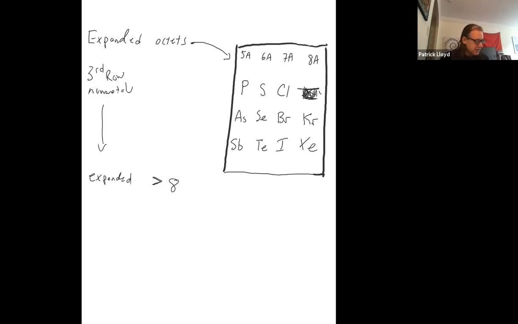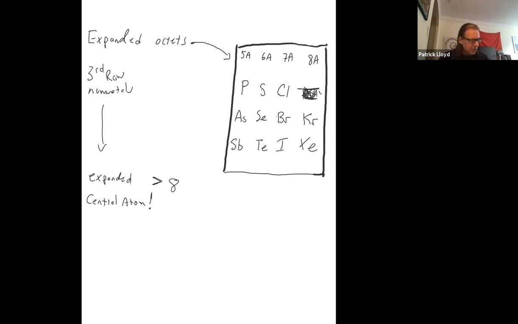Expanded octet. Now, the key to this is that it has to be the central atom, okay? That's important. If one of these elements is the central atom, it is capable of having more than 8 electrons. If it's a surrounding atom, then no, that's not the case.